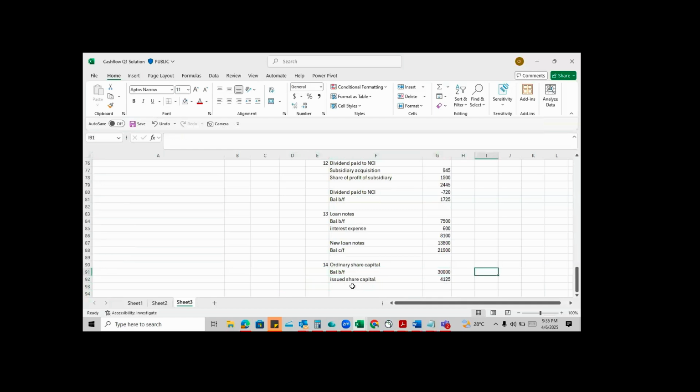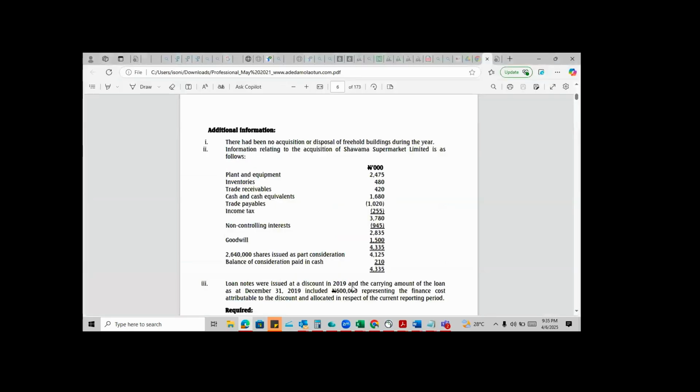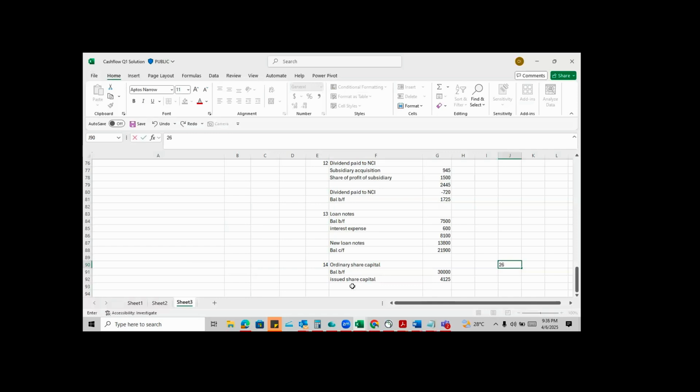How many shares were issued? 2,640,000. Now, if you had issued them at 25 kobo, what we have here is 6.6 million.